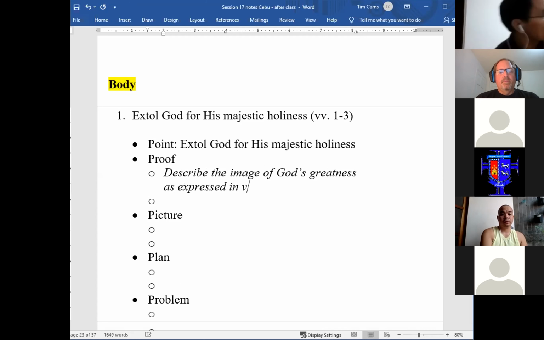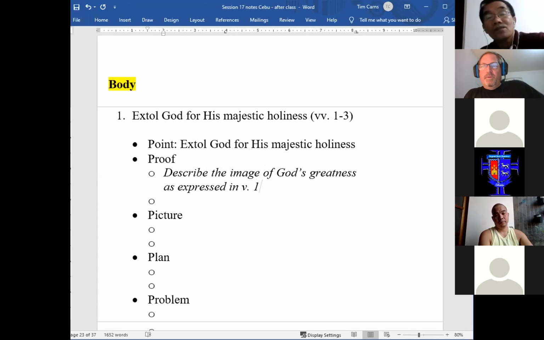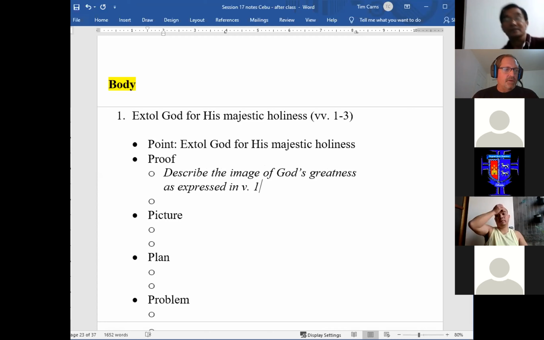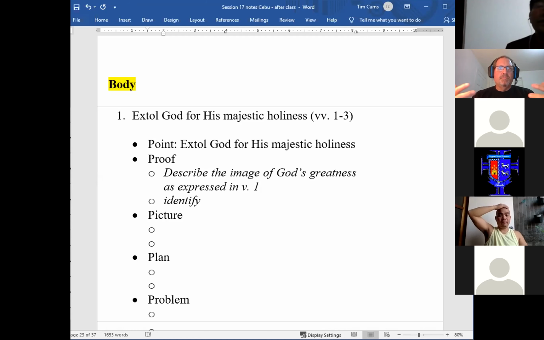You remember when we went through the imagery of the poem and we noticed verse 1 had this image of God high above all the creation, focusing on his greatness. So you might want to explain that. You may want to identify, as you're explaining this first point, what enthroned above the cherubim meant, right?